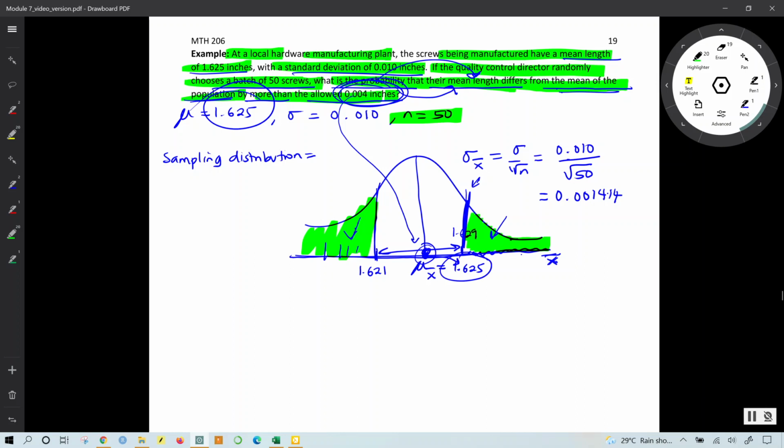So how do we go about that? The first step will be to find the size of this probability, and the second step will be to find the size of this probability and then add up both numbers.